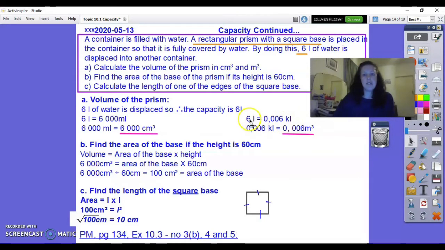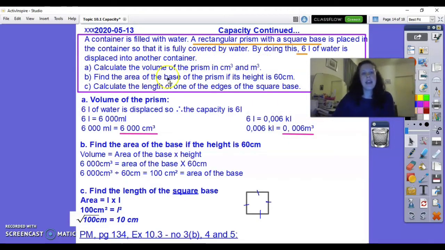So I move my decimal place 3 times: 1, 2, 3. I put my decimal place over there, so I've got 0,006 kiloliters. So 0,006 kiloliters gives me 0,006 meters cubed. Right, so I've completed the first question.